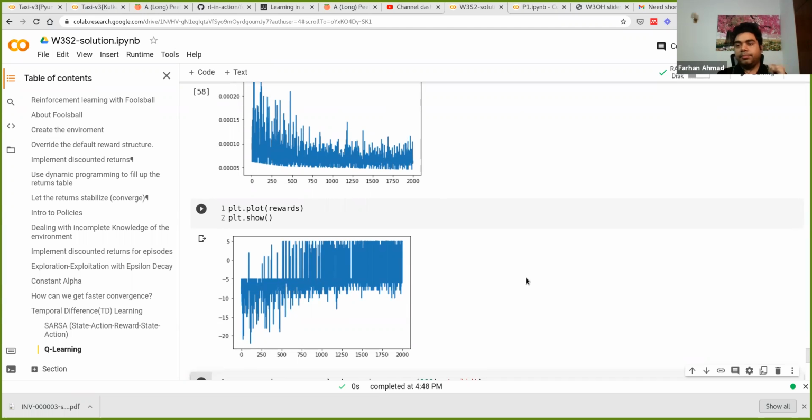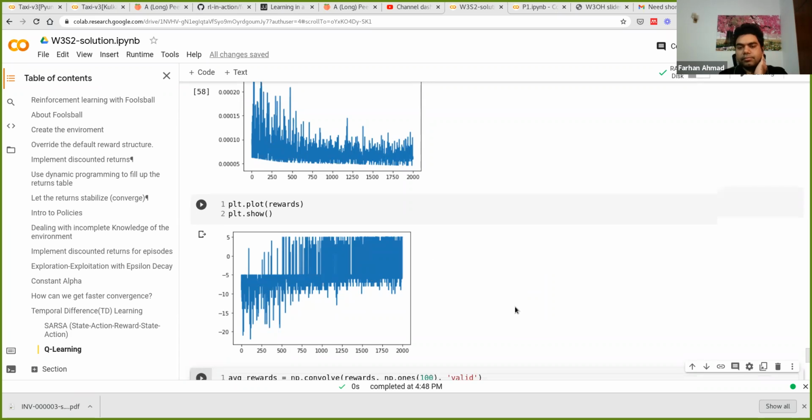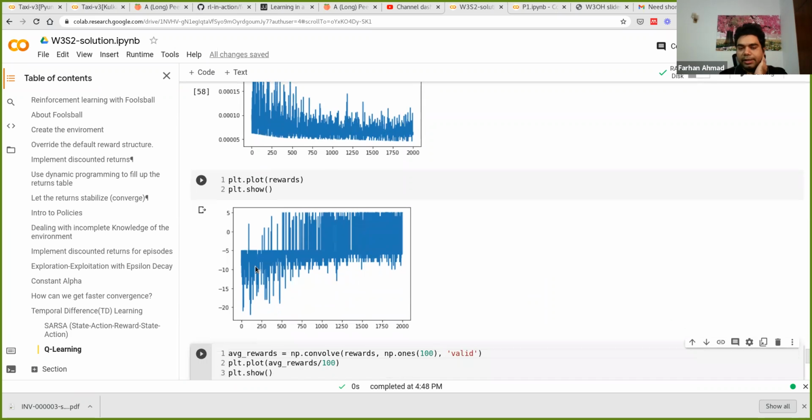Because we have deliberately included randomness, maybe there are times when something goes wrong because of randomness, or because there are times when the policy hits a state and action pair for which it hasn't really learned a good return value, so it takes a bad action, and that causes the reward to drop very steeply. Or sometimes you run into a state-action pair for which you have a very good estimate, so you get a very high return. But this is over an entire episode.